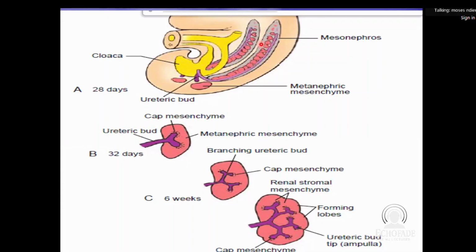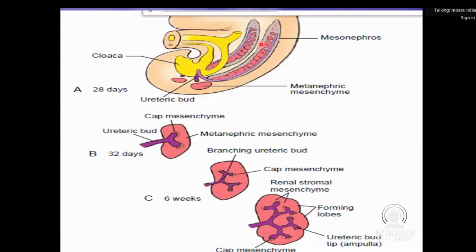And these structures are mesonephric tubules. So to some extent, they form some urine because of the glomerulus. There is filtration, and there's collection by these tubules which empty into the mesonephric duct. So urine formation is there.